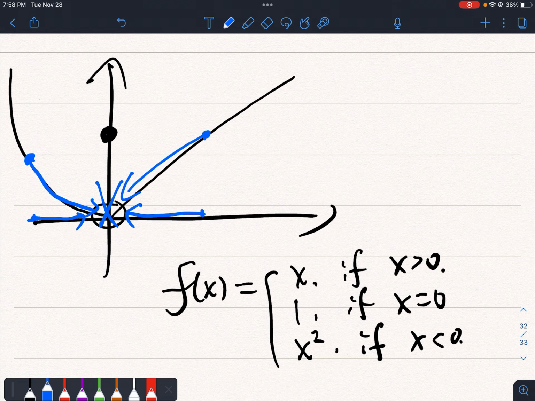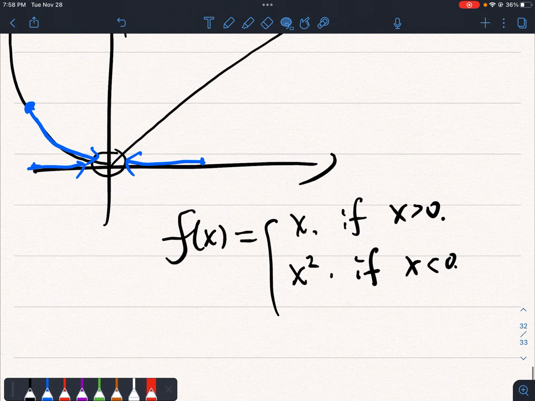And an interesting thing is that we don't really need to define a value at this point. We can totally exclude this point. We don't need to define the value at this point at all.